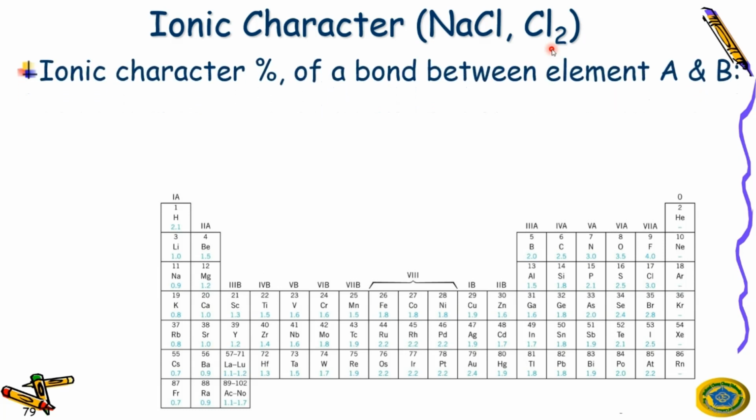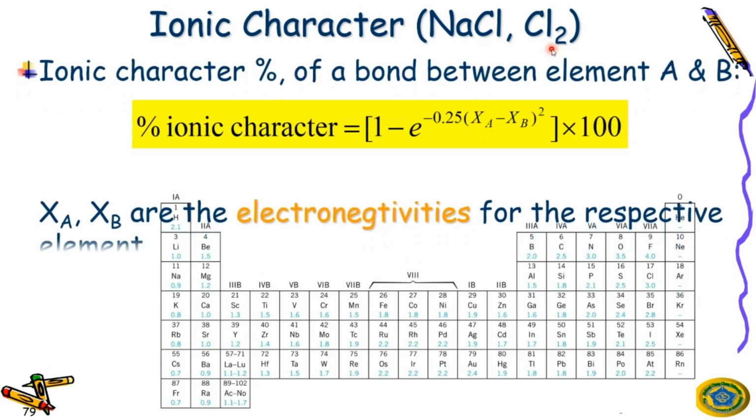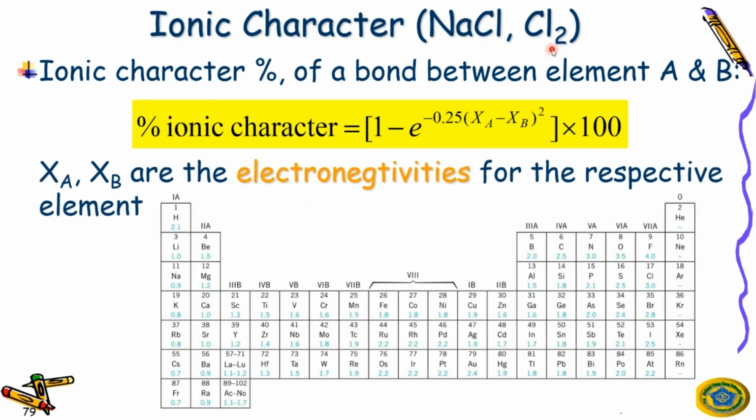So this is the equation I want you to remember, ladies and gentlemen. Ionic character is this equation. Please remember this and be honest, this is not difficult at all. So 1 minus exponential to the power of minus this quarter, right? 0.25 is a quarter, times the square brackets of chi A minus chi B, to the power 2.